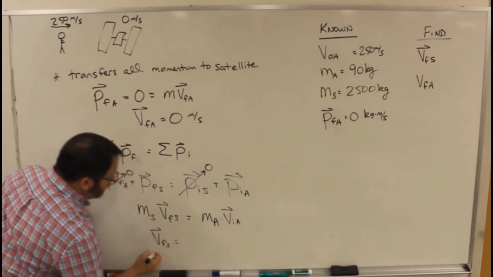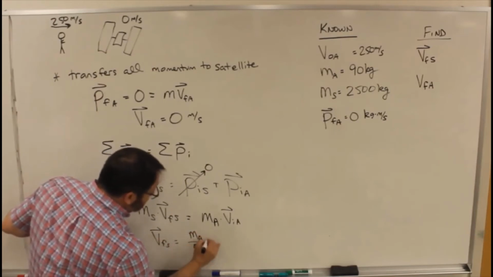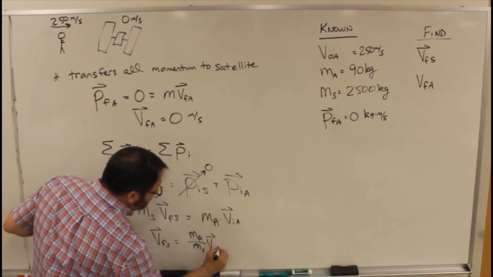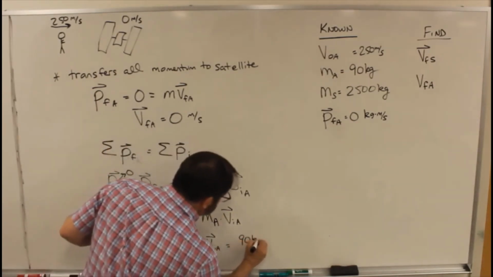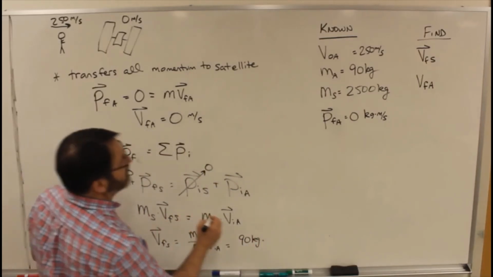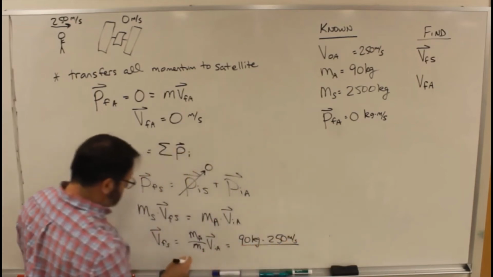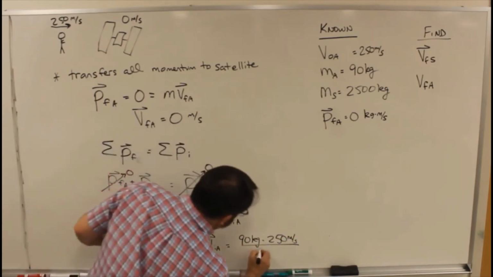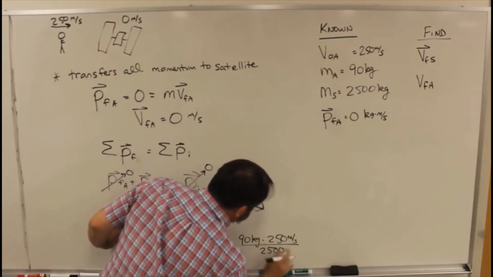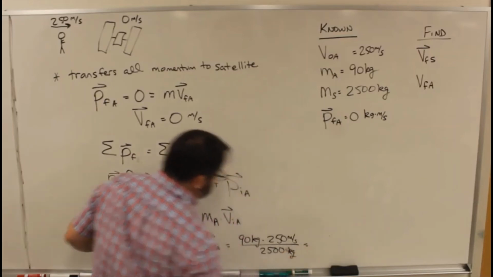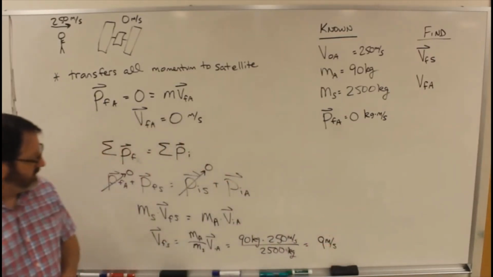V final of the satellite is the mass of the astronaut over the mass of the satellite times the initial velocity of the astronaut. 90 kg times 250 meters per second over 2500 kg. 9 meters per second.